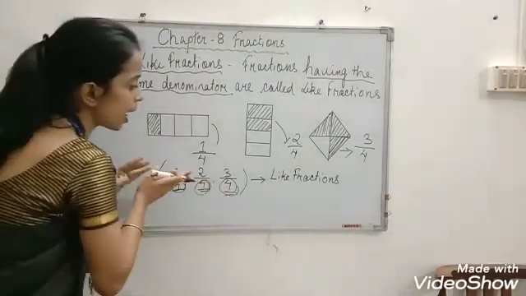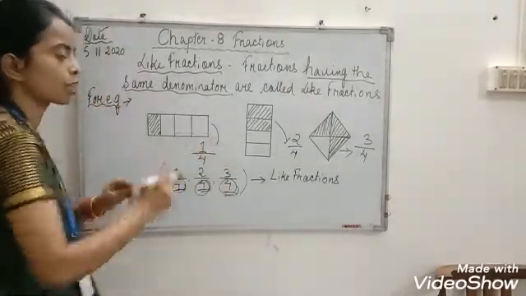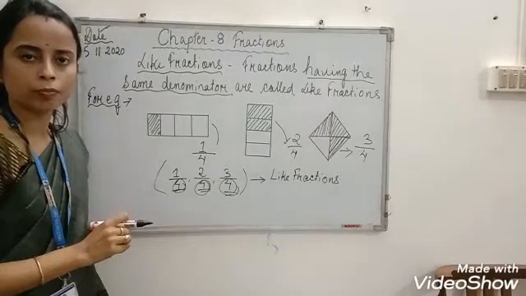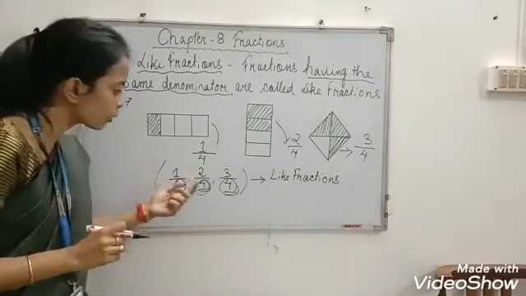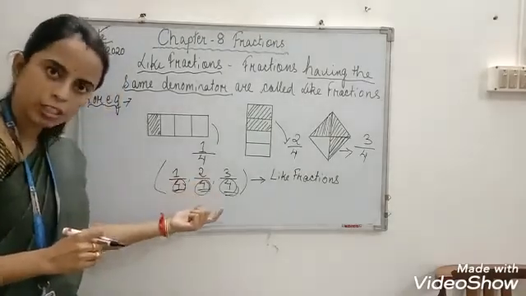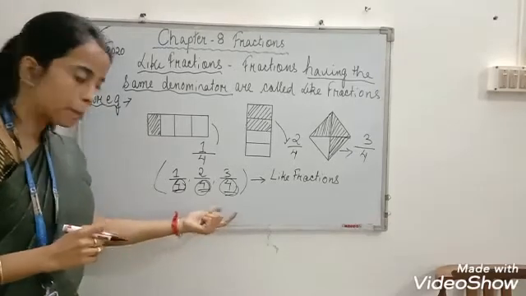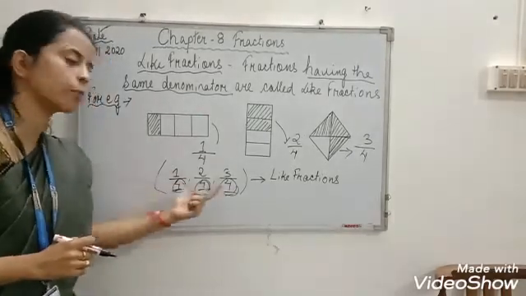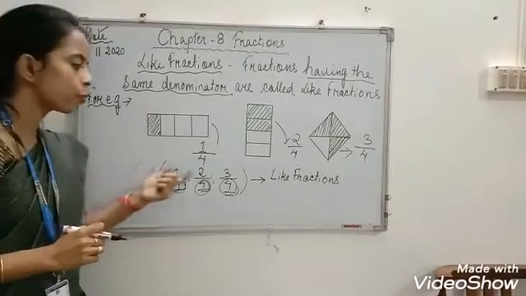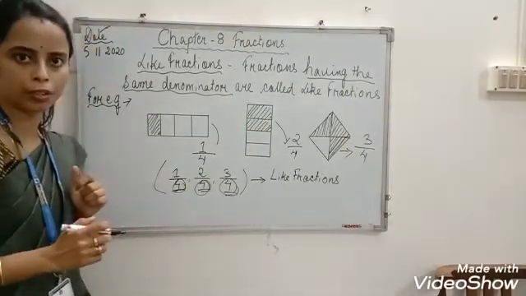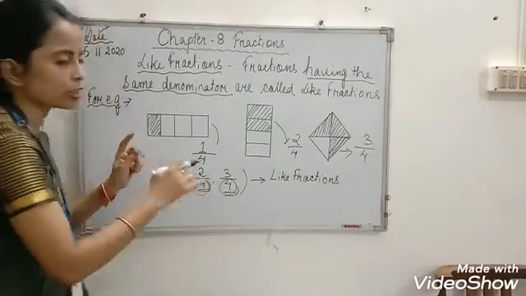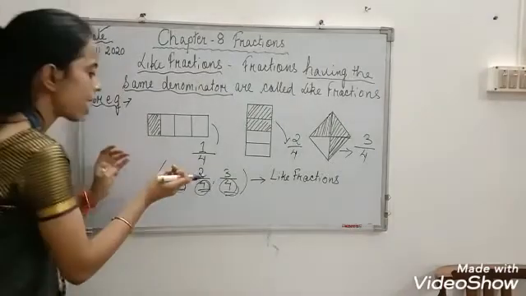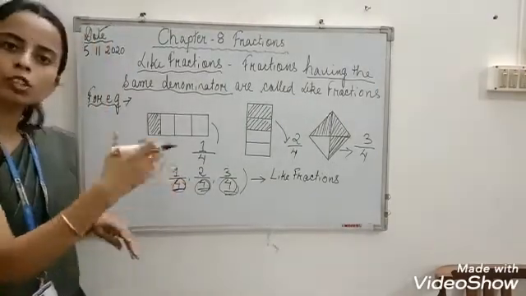If I ask you to arrange these fractions in ascending order, which one will you look at? Will you look at the denominator? No, because in like fractions denominators are same. We have to look at the numerator. The greater numerator will be the greatest one and the smaller numerator is the smallest one.